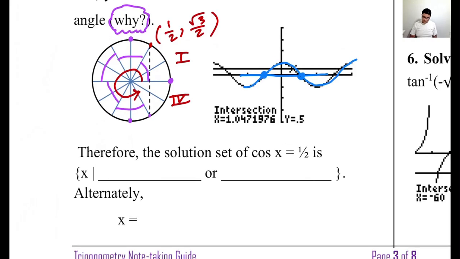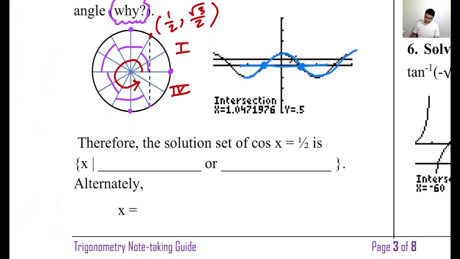Okay. So you would say the general solution is x such that x equals, now we know the concept of adding 2 pi repeatedly, right?